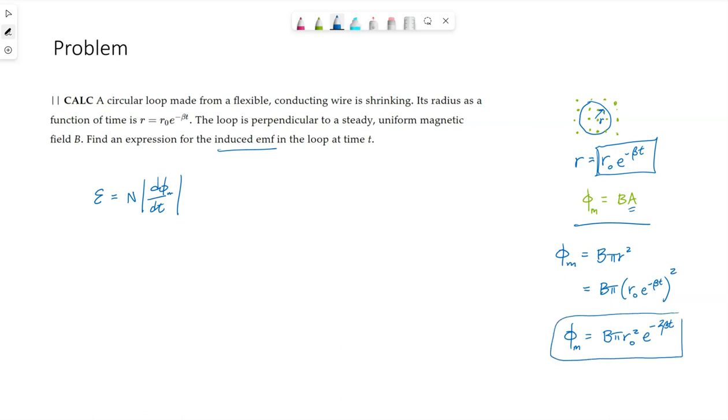So once we've plugged in r as a function of time, we now have our flux in terms of time.